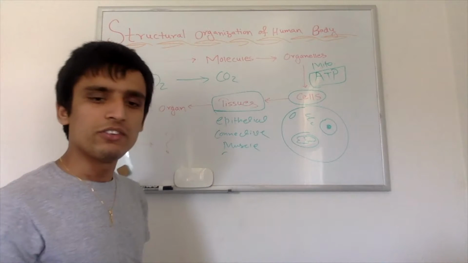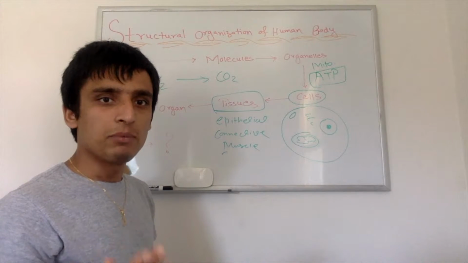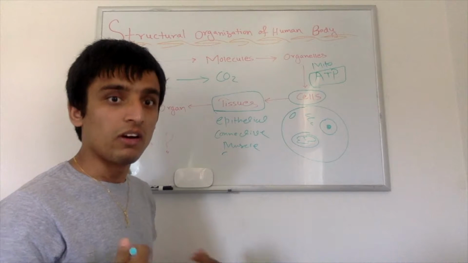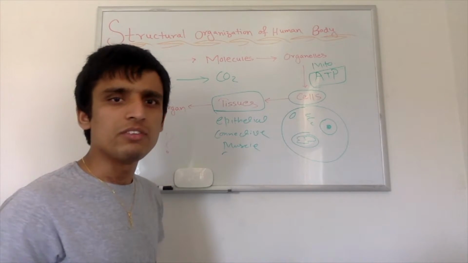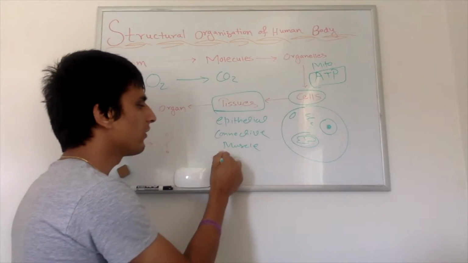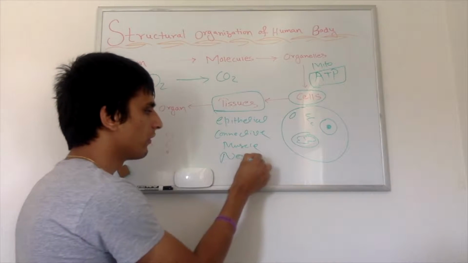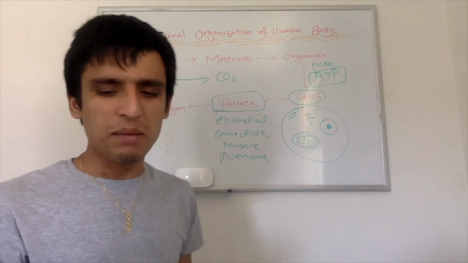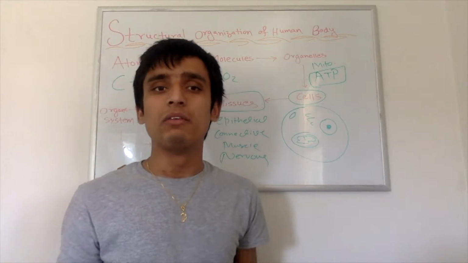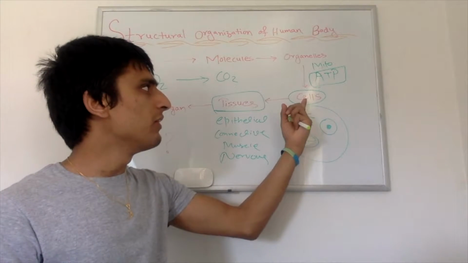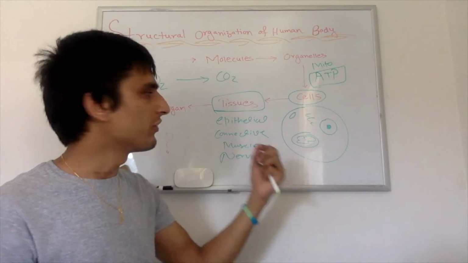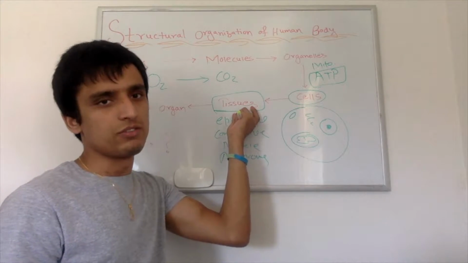The integumentary system is a system which is skin, which is basically an epithelial type of tissue. We're also going to talk about nervous tissue. These are some types of tissues which we will focus on later in the semester. So the basic idea is that a similar set of cells having a common function will form tissues.